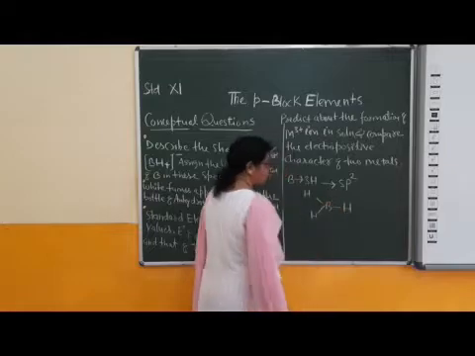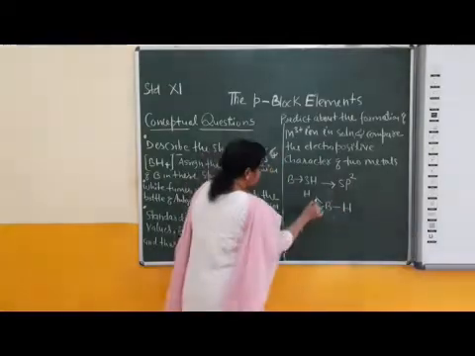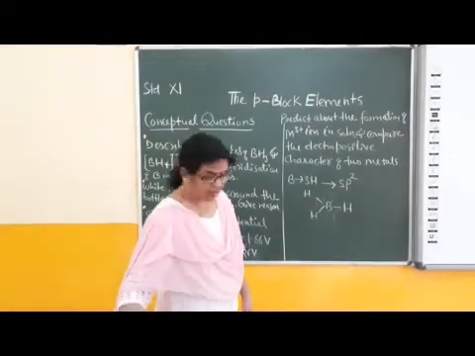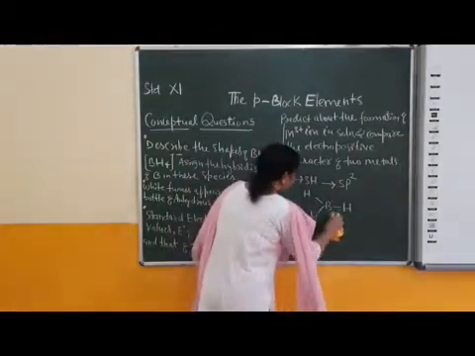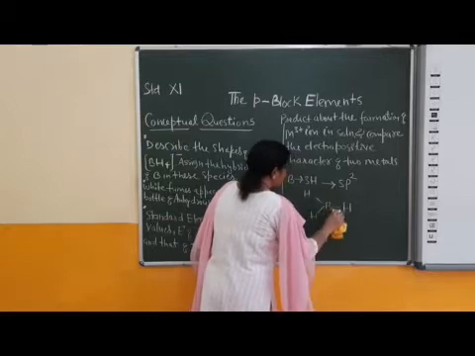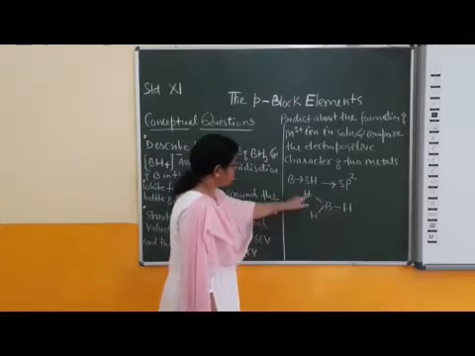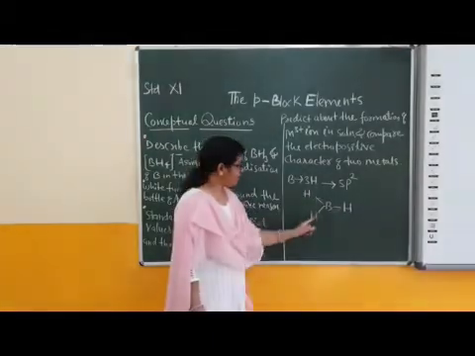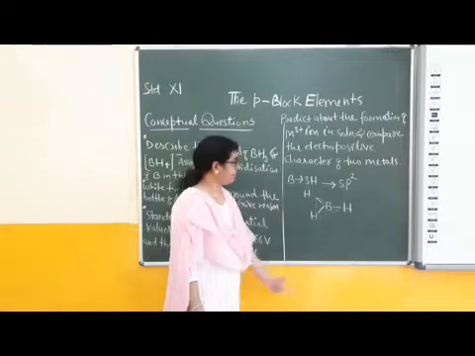This is the empty p orbital. Shape is planar, trigonal planar. In geometry, only this part is required. The shape is trigonal. Okay, children, when 3 corners are joined, then planar shape. All 3 atoms are present in the same plane.